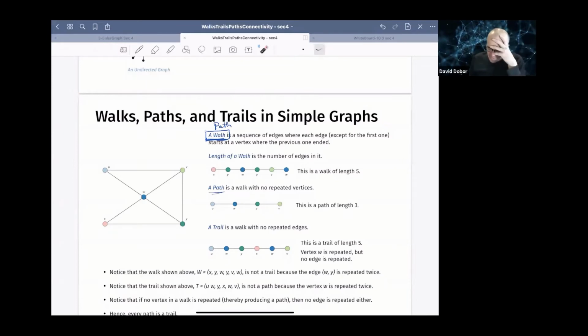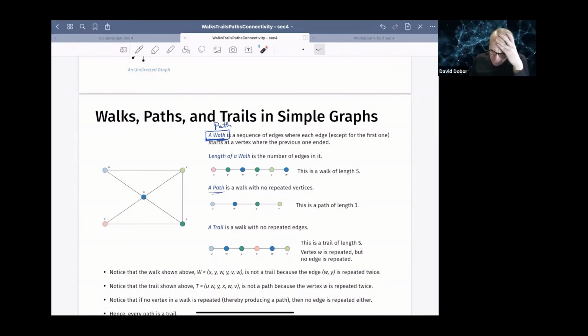So this walk here starts at U and goes to W, then goes to Y, then goes to V. No vertices were repeated, and that's called a path. Finally, a trail is a walk that does not repeat edges.